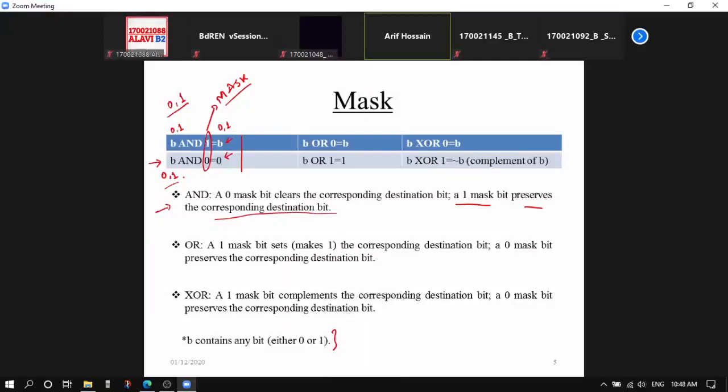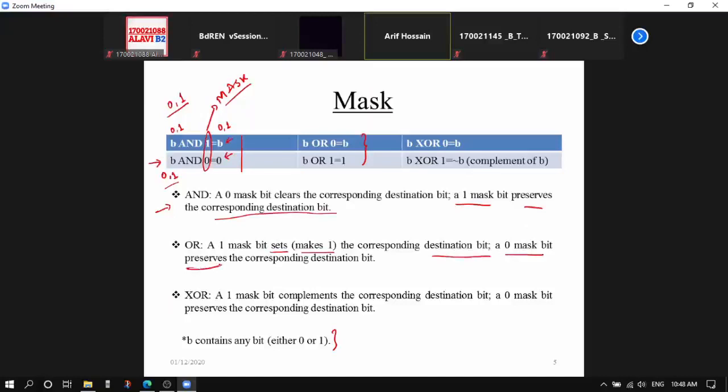Yes, sir. So now go to the same thing for OR. See, with OR, if you provide 0, it will preserve the bit. And with OR, if you provide 1, it will set the bit to 1. The same thing is written over here. A 1 mask bit sets, that is makes 1, the corresponding destination bit, and a 0 mask bit preserves the corresponding destination bit.